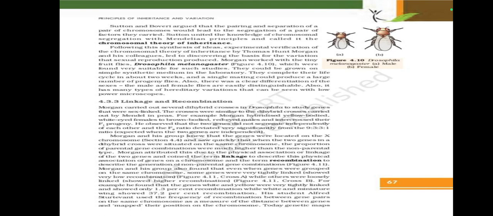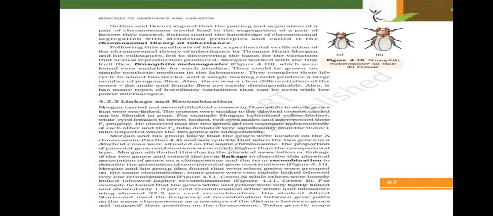Morgan worked with the tiny fruit flies, Drosophila melanogaster, Figure 4.10, which were very suitable for such studies. They could be grown on a simple synthetic medium in the laboratory.